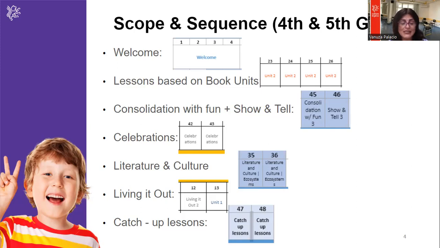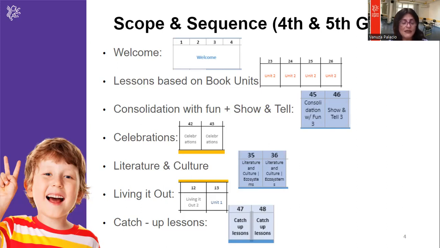Literature and culture lessons involve storytelling and reflection on the themes of these stories, as well as making projects based on these stories. When it comes to living it out, we are exploring and expanding on the topics of the unit. For example, imagine learners have covered issues related to technology.